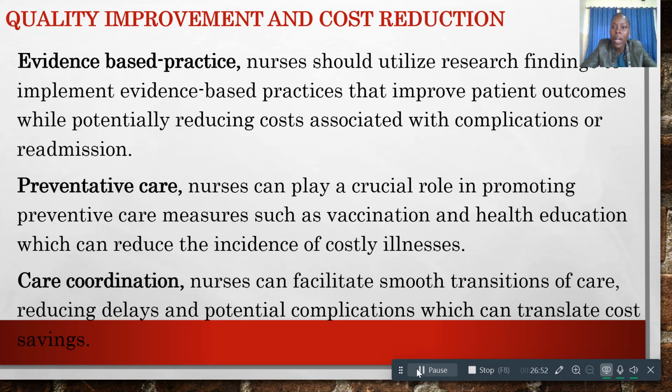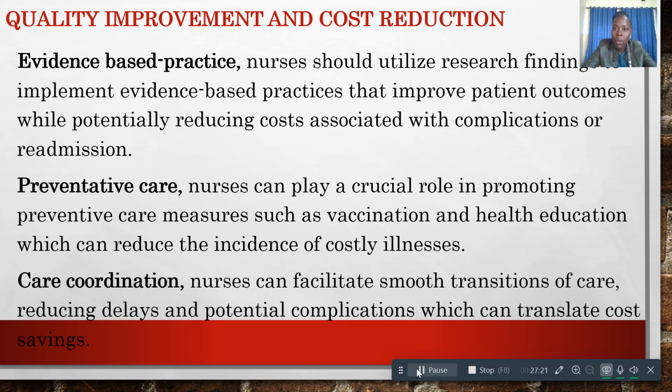How? One, you can do health education talks. For example, you're going to health educate mothers on diet, on how to feed their children. In turn, you're going to be preventing illnesses like malnutrition of their children, which might incur costly services. Then we also have other preventive measures like vaccination. That one I've already talked about.